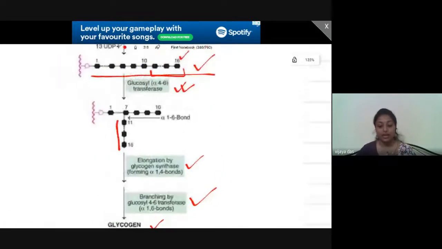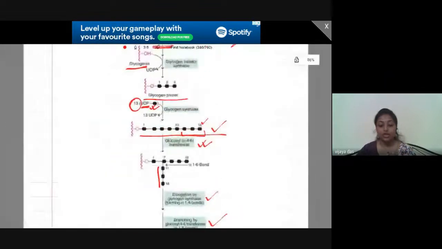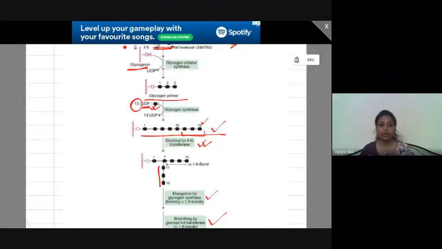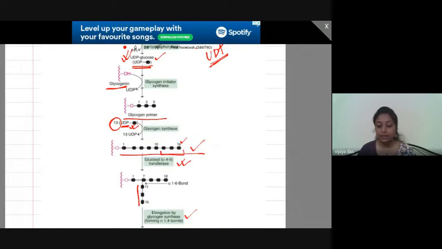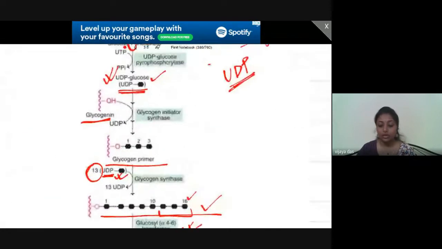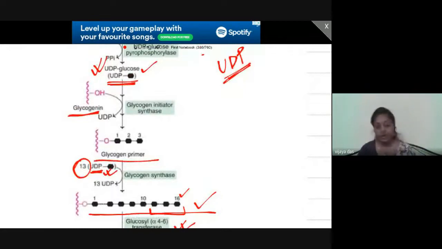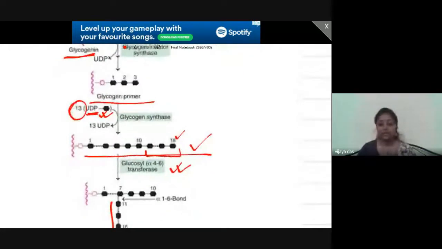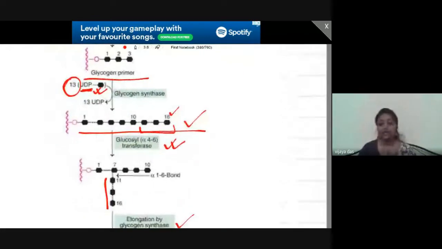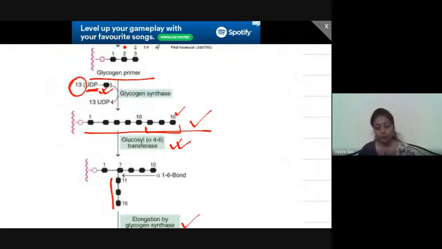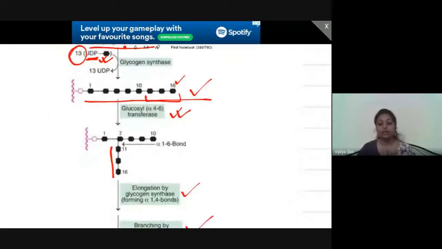So in glycogen synthesis, there are actually three major steps which are happening. In the first step, the glycogenin is binding up with the UDP glucose. In the second step, the glycogen synthase is creating a long linear chain. In the third step, the glucosyl transferase enzyme is creating branching.